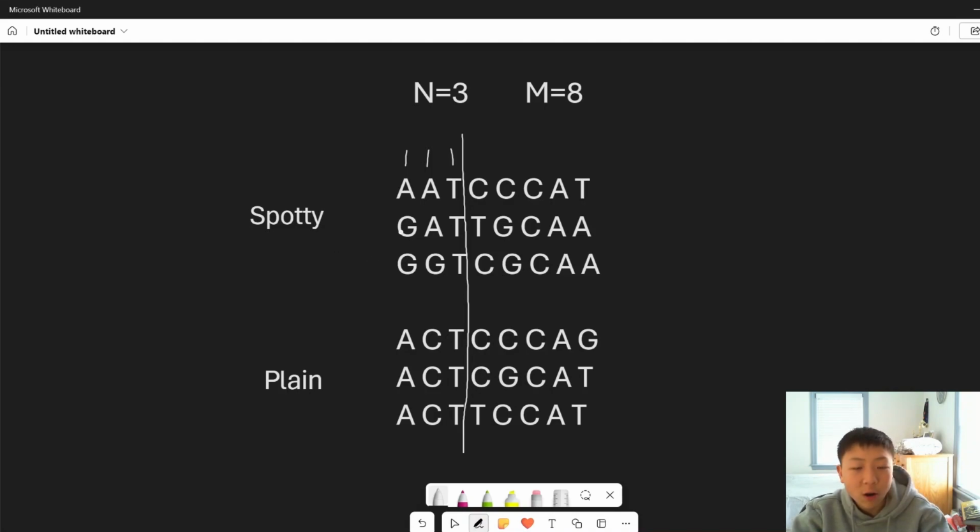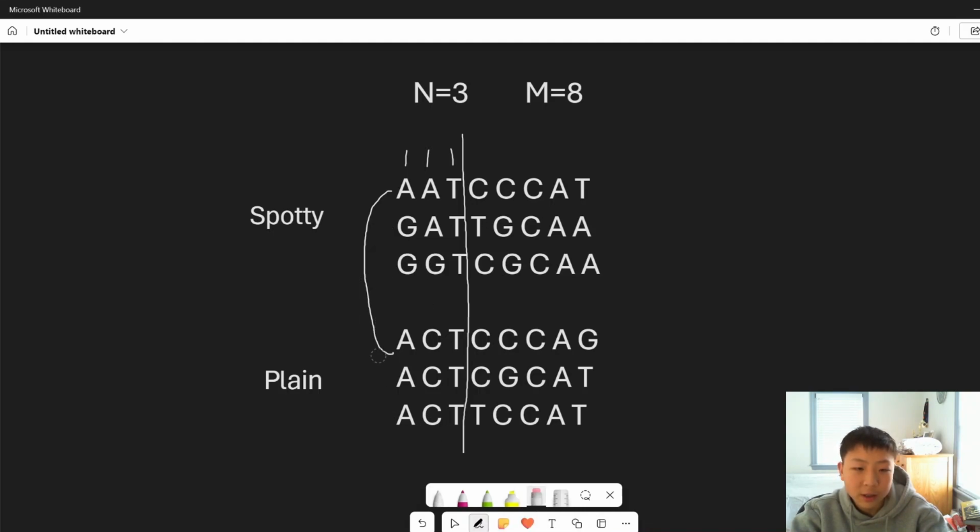So we can also observe that between any spotty and plain cows, the genes are never the same. For plain cow, we only have ACT, and for spotty cow, we have a bunch of other things, but never ACT for both.